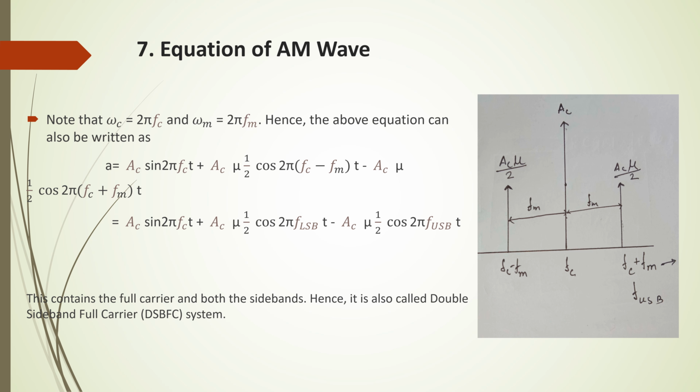These contain the full carrier and both the sidebands. Hence, it is also called double sideband full carrier system, or DSBFC.